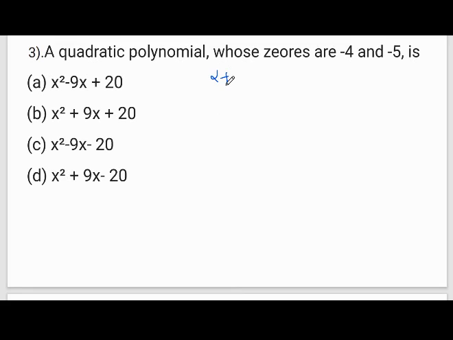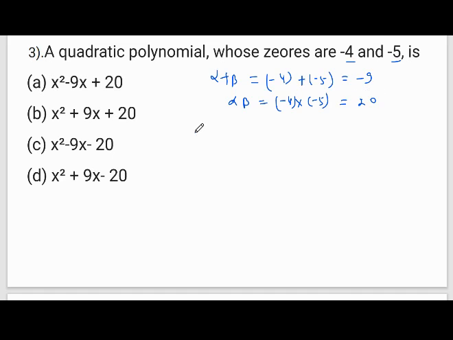Here, this is alpha and this is beta. Alpha plus beta, minus 4 plus minus 5, will be minus 9. And alpha into beta is equal to minus 4 into minus 5, so it will be 20.